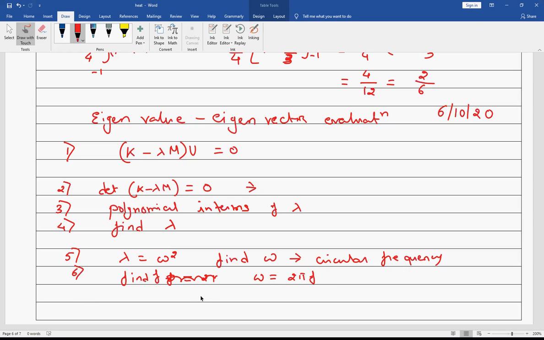So from this you will get the frequency. And then the last step is finding the displacement. Basically this provides us the mode shape.